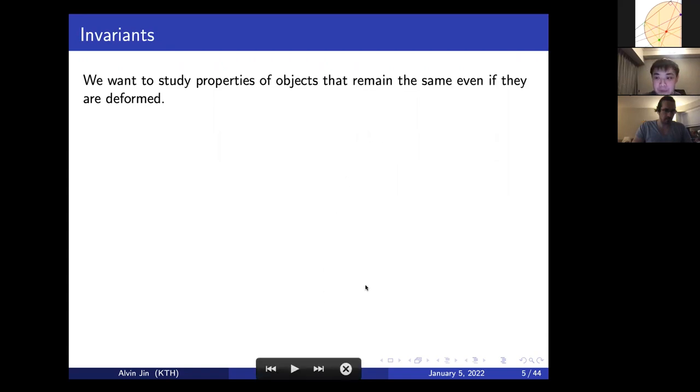Some people are asking, what exactly counts as a smooth deformation? Okay, a smooth deformation is something where I don't really tear anything. I don't make any rips. So you can think about it in terms of something that is continuous.